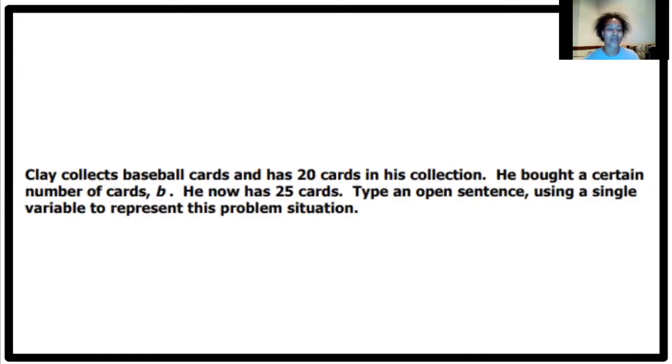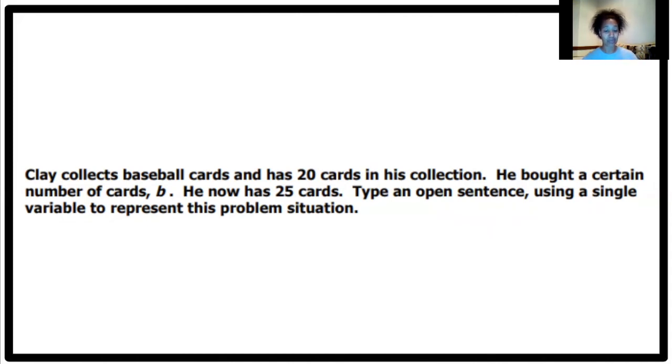Here's the fourth problem type. Clay collects baseball cards and has 20 cards in his collection. He bought a certain number of cards, B. He now has 25 cards. Type an open sentence using a single variable to represent this problem situation. Well, you didn't type anything, but you wrote it down, of course.